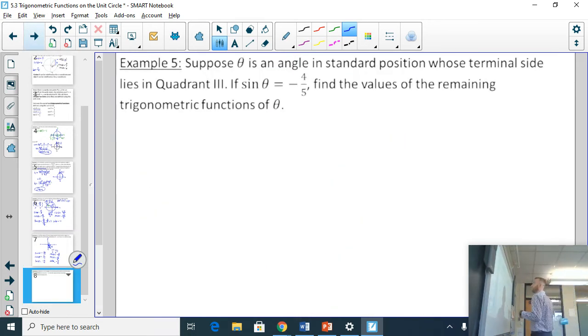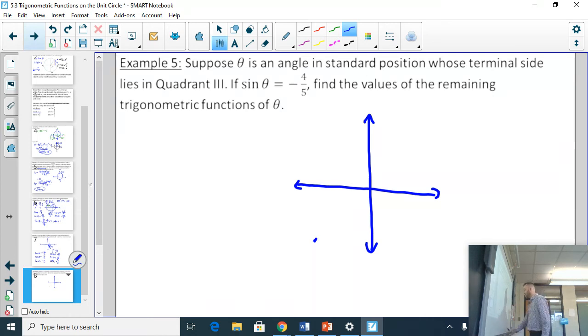And now, suppose theta is an angle in standard position whose terminal side lies in quadrant 3. Again, a lot of words here, and I think what's going to help is if I just draw myself a picture. So we know we're in quadrant 3, which is this lower left one here, if sine of theta equals -4/5. Let me just pretend I have some angle in quadrant 3.